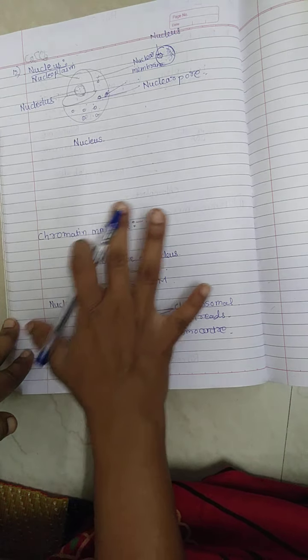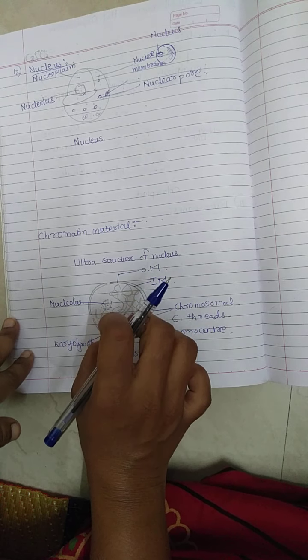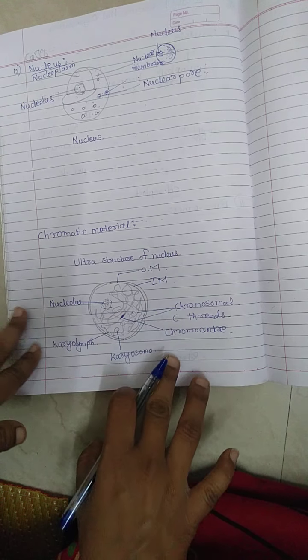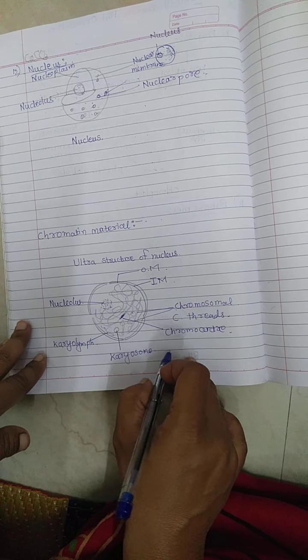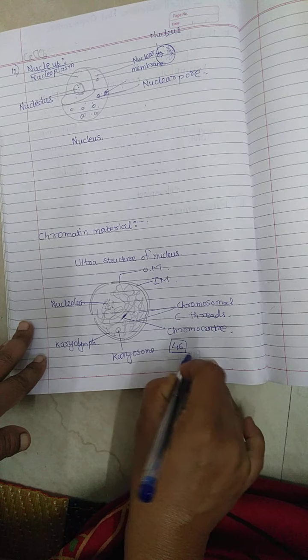Likewise, every living organism has a specific number of chromosomes, like a normal human cell has 46 chromosomes.